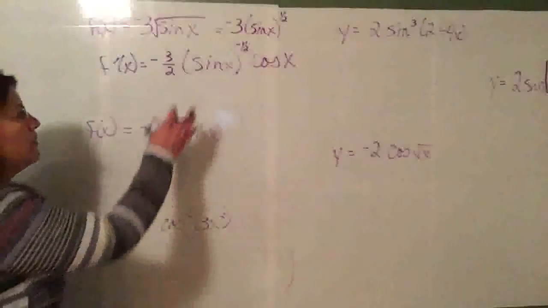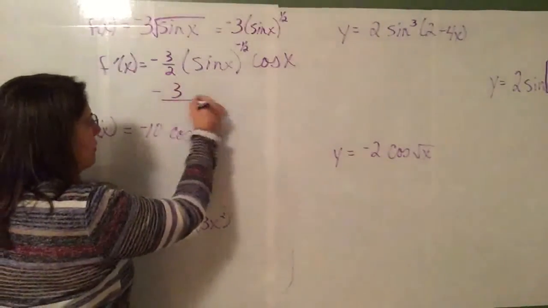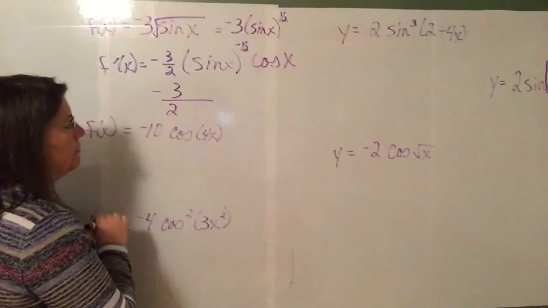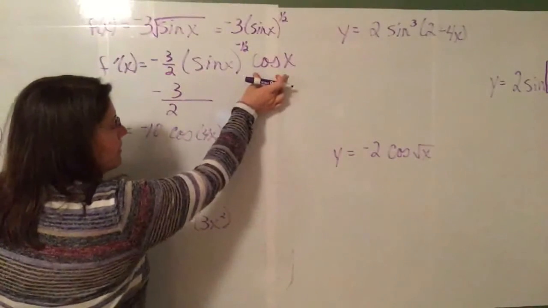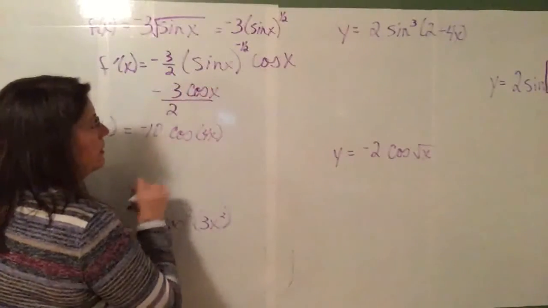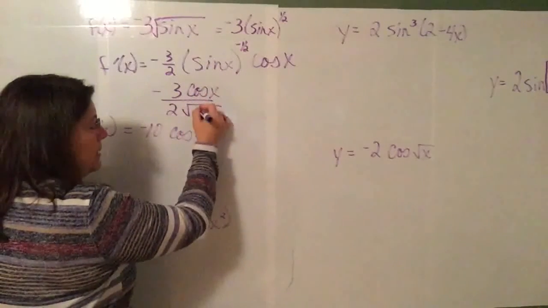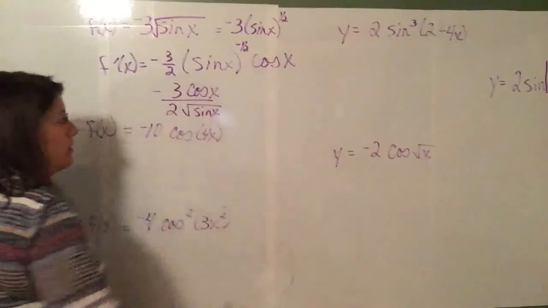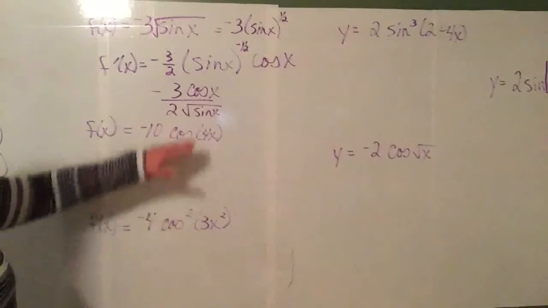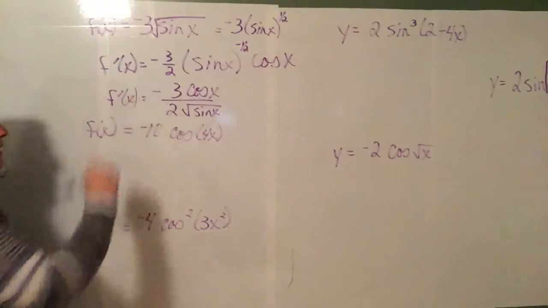So if you look at that, I've got -3/2, so the 3's on top, the 2's on the bottom. The cosine x doesn't have a negative exponent, so it goes to the top. The sine x to the -1/2 would now be on the bottom as square root of sine x. And that is my derivative using the chain rule.